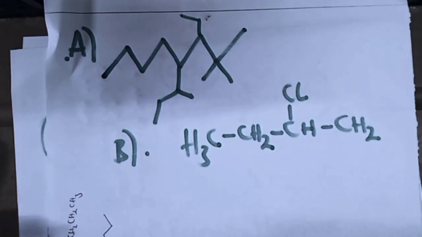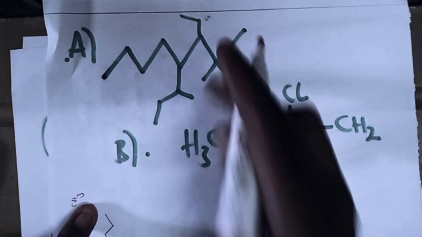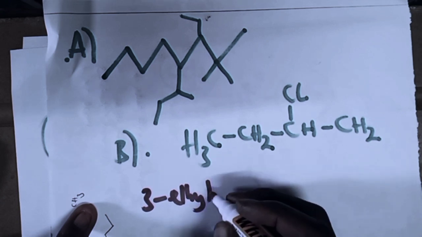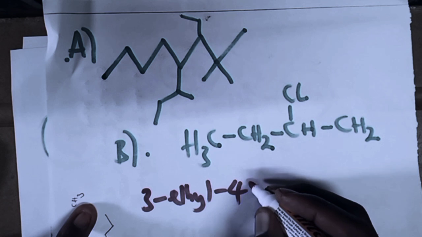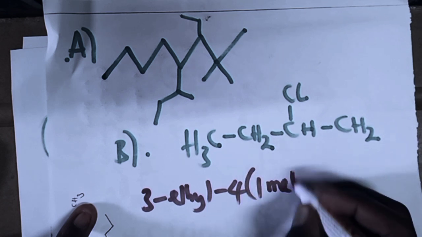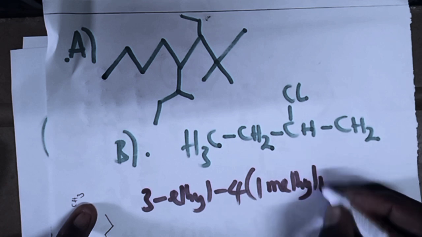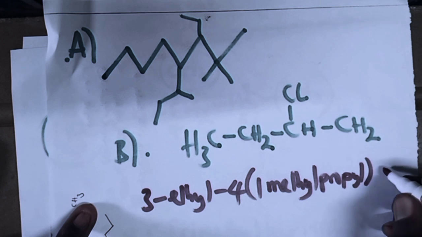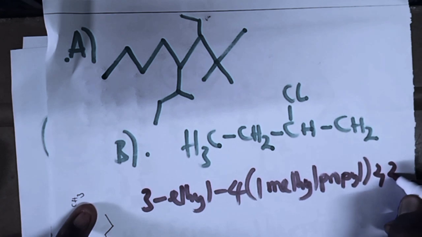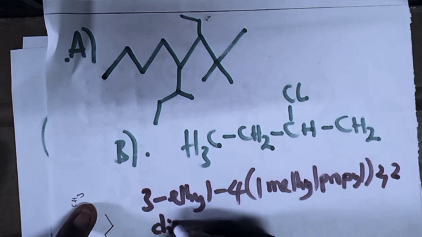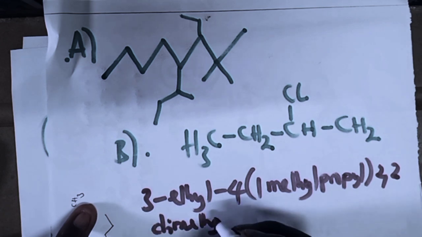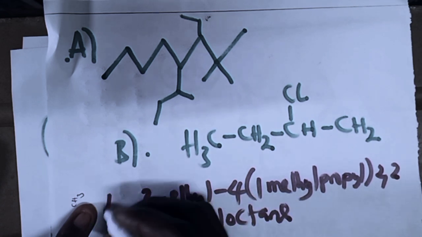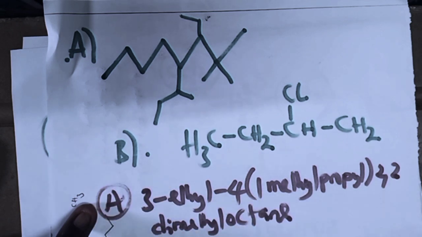Alright, so the answer for the first one, it should be 3-ethyl-4-(1-methylpropyl)-2,2-dimethyloctane for A. Hope you're going to find this answer.